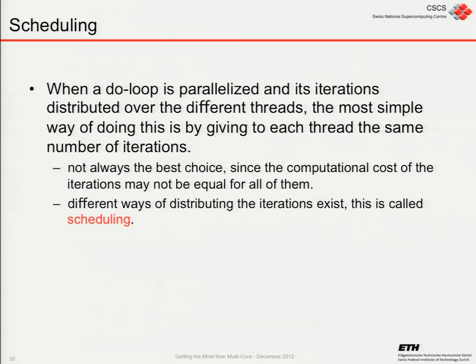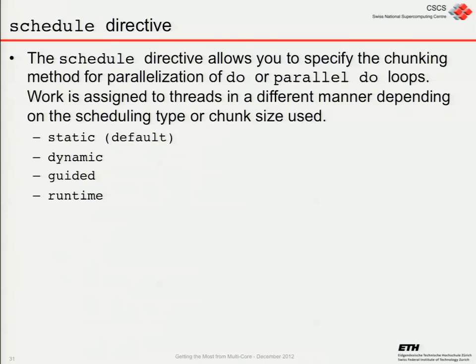So therefore, we have a set of different ways of doing this scheduling. The schedule clause, sorry, I should say, allows you to specify how you want this parallelism to be done. There are 4 possibilities. Static, which is the default, but even then you can change the way that static works.